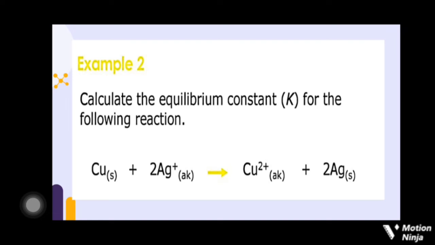So substitute all the given. We substitute E cell as 0. It equals E naught cell minus 0.0592 divided by the number of electrons involved in the reaction multiplied by the log K.